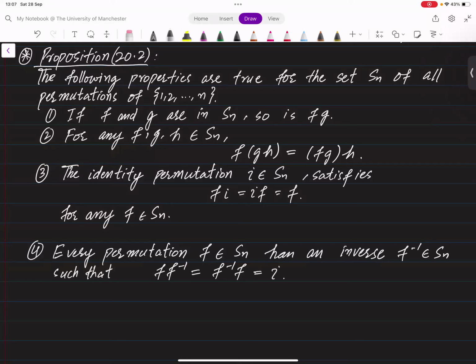Now, if we were in the different universe of pure mathematics, we would list this proposition as a definition and say that the set of permutations Sn is a group with the composition operation.